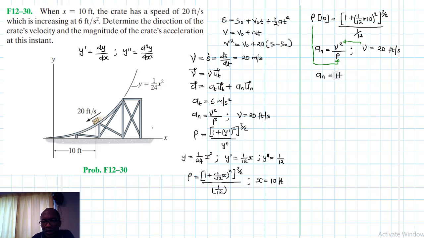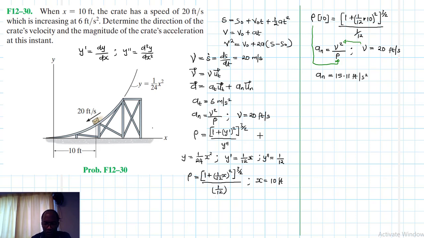So here I'm finding 15.11, that's not meters, this is feet per second squared. Let me repeat this.